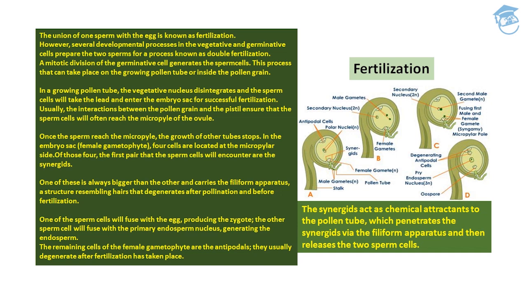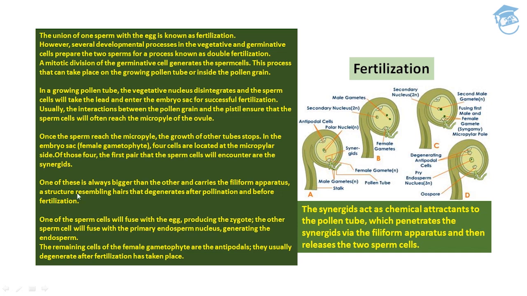In the embryo sac, which is called the female gametophyte, four cells are located at the micropylar side, and of those four, the first pair that a sperm cell will encounter are called synergids. So these two cells which are present here are called synergids, and a sperm fuses with the synergids.